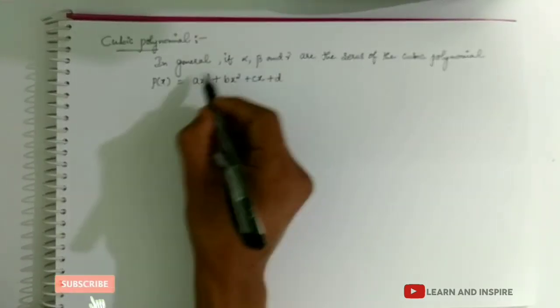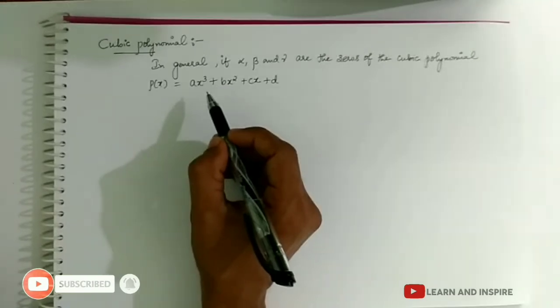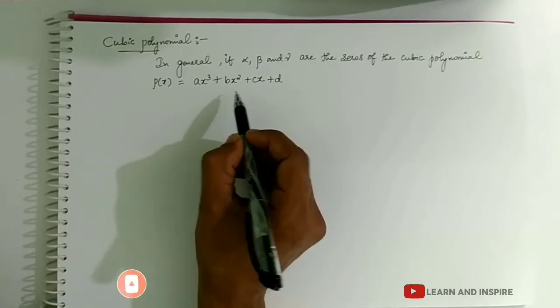So this is the general form of a cubic polynomial, ax cube plus bx square plus cx plus d.